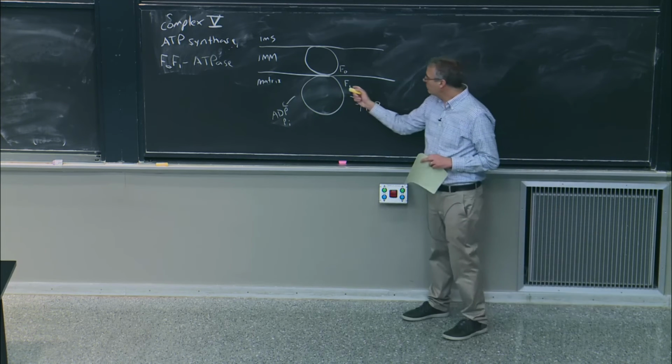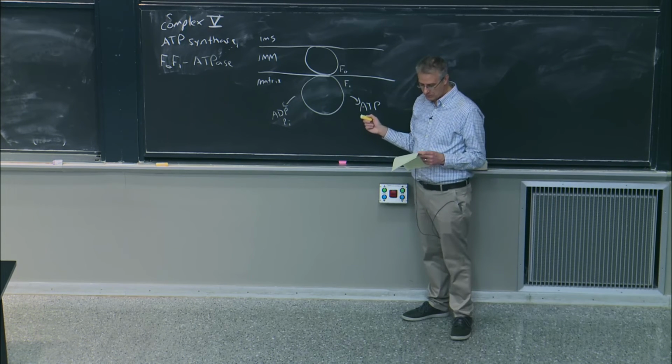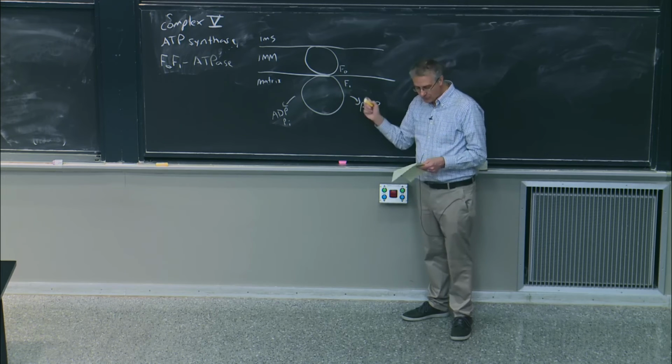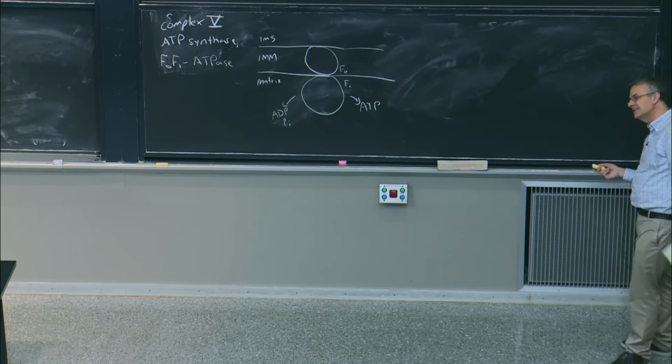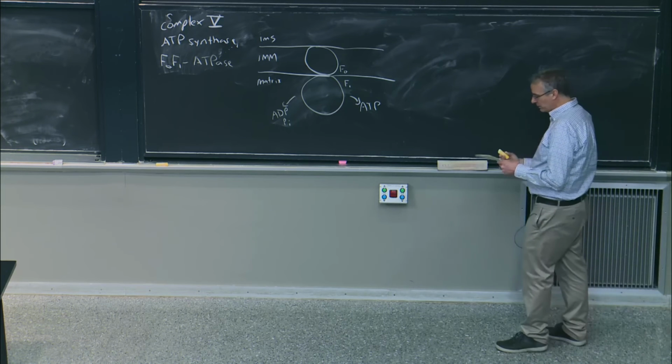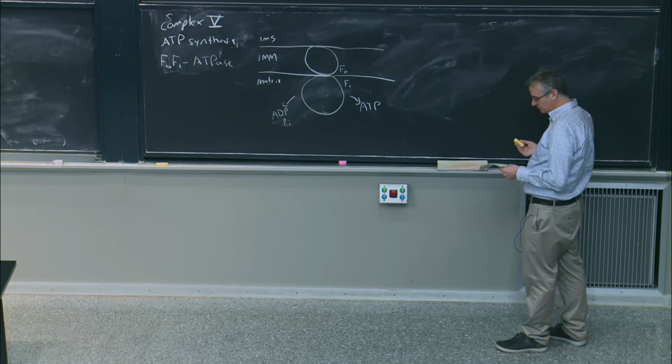Now, it's pretty well understood how this system works, and basically F1 works by a process called rotational catalysis. How this works was awarded the Nobel Prize in 1997, figured out not all that long ago.